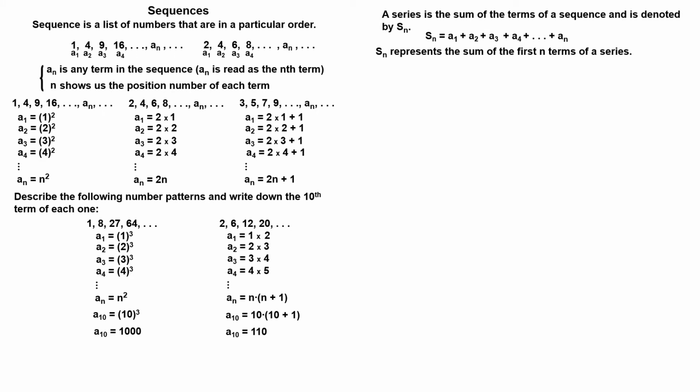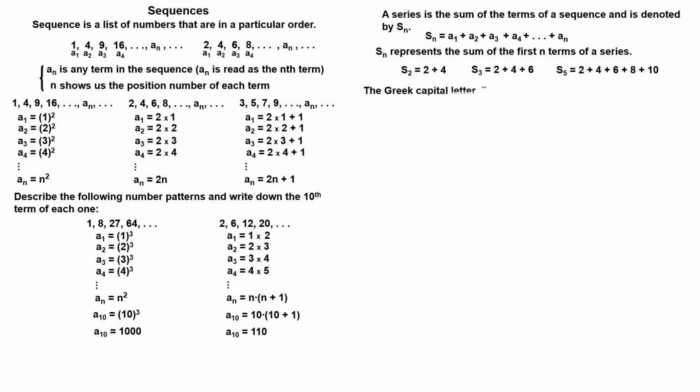For example, S sub 2 is the sum of the first two terms. S sub 3 is the sum of the first three terms. S sub 5 is the sum of the first five terms. A shorter way of writing a series is using the sigma notation.